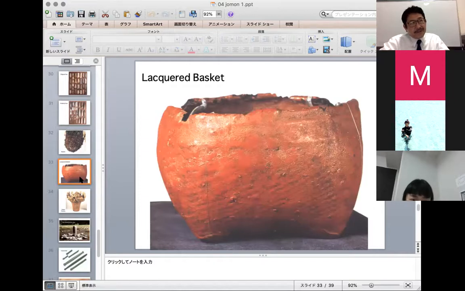So they were claiming a domestic original lacquer species in Japan. But the technology is a different story, it's not related to DNA. So I kind of believe that the first technology came in from China or the continent. But we do not have enough evidence to prove that.